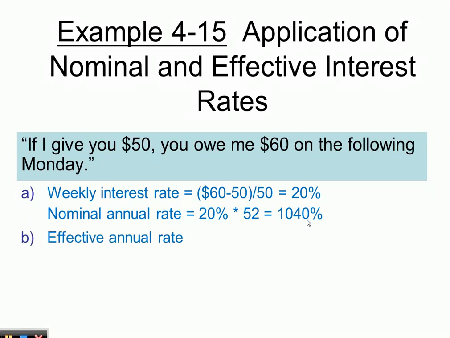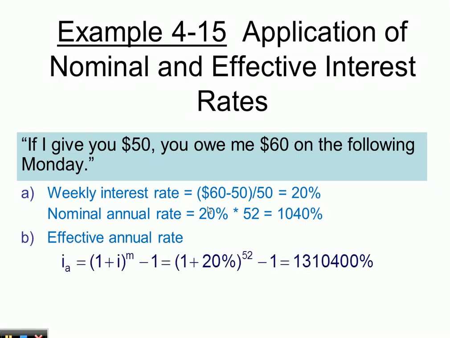We can find the effective annual rate by plugging in the values that we have. This weekly interest rate is how the compounding happens, every week. So that's an effective weekly rate. We plug it in here. There are 52 weeks, so m is going to be 52.